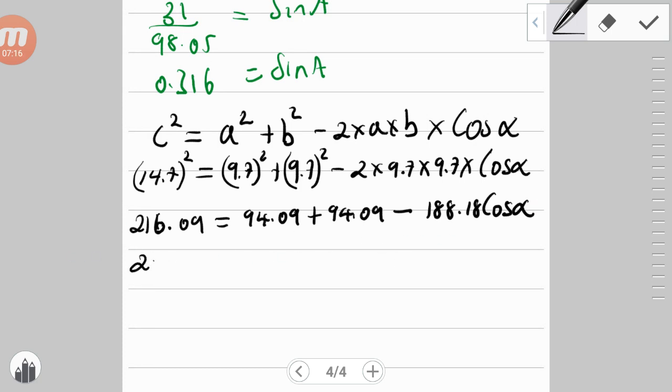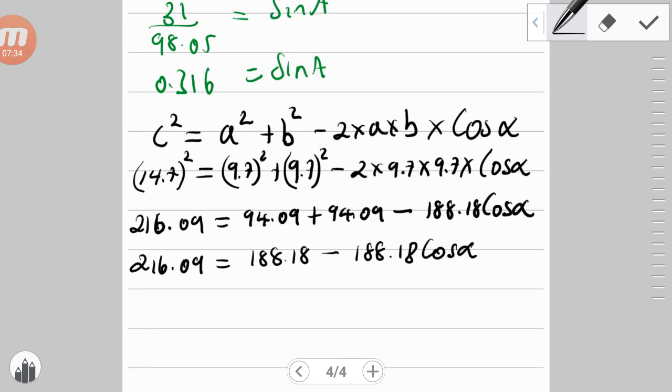So we have 216.09, and that's equal to, when we add these two, 188.18, minus 188.18 cosine alpha.